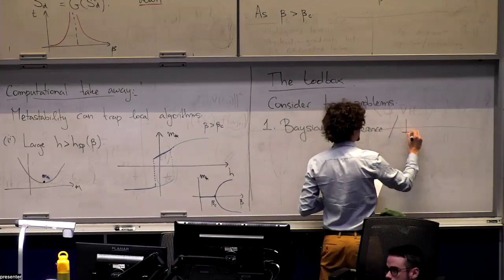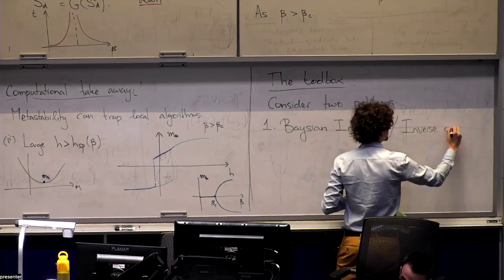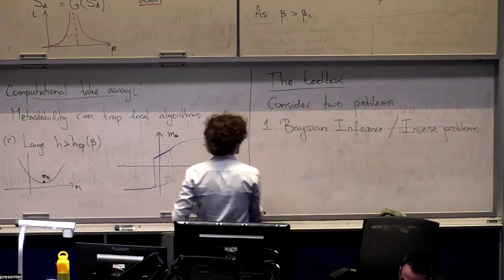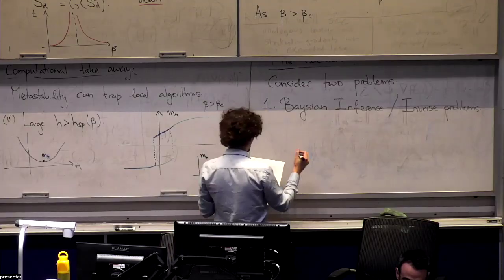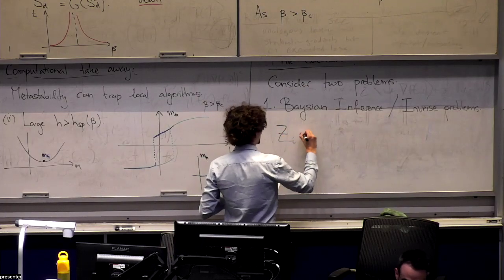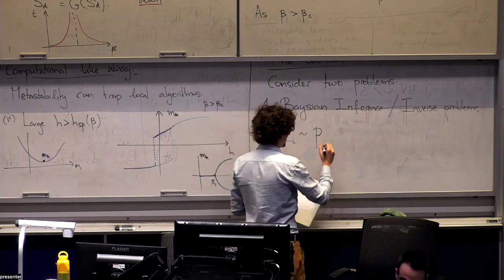Or if you want, inverse problems. So these are problems that take the following form. You observe some data from some distribution. Typically, this distribution is a parametric distribution.